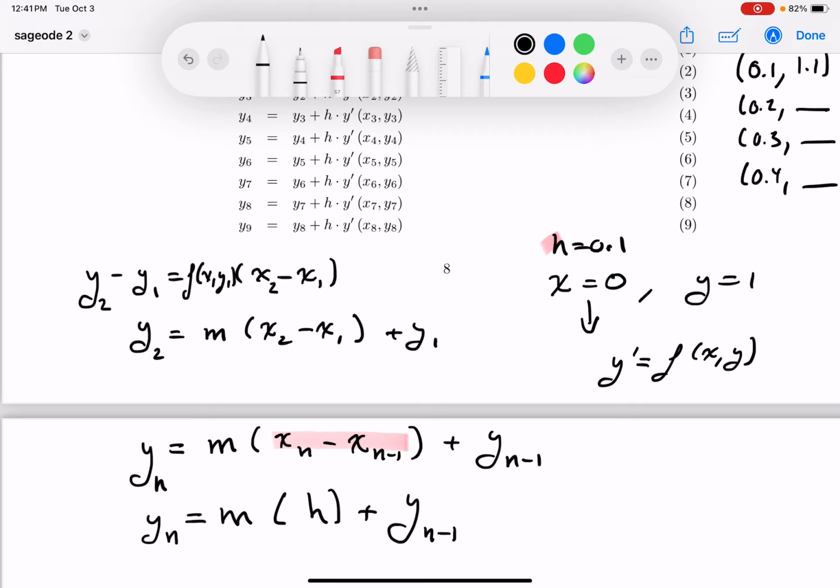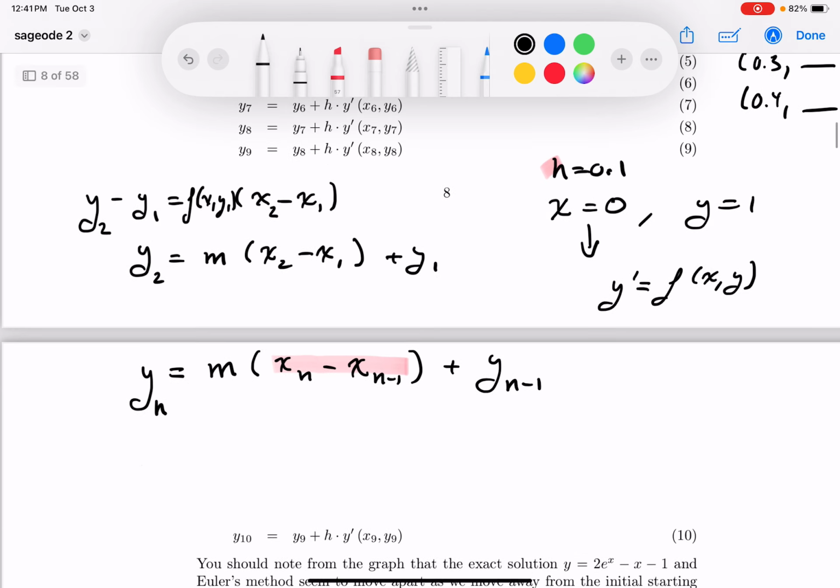So if I move up to this level over here, what am I going to get? f is a function of xn minus 1. I need more space over here. Let's write this down.